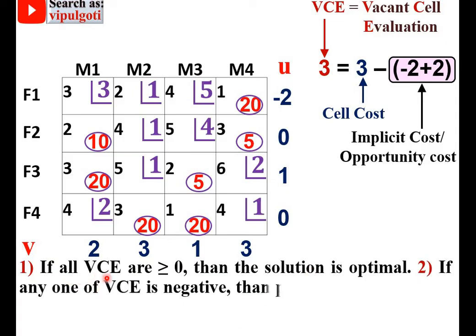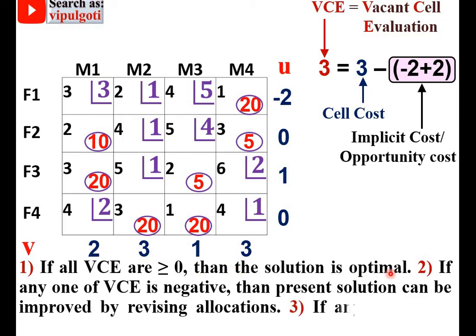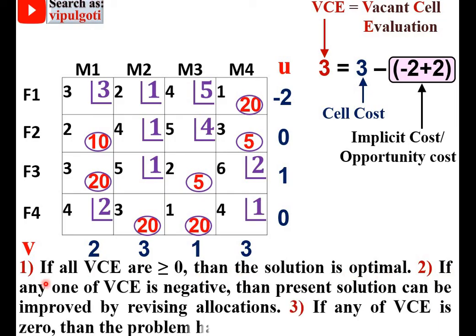First, if all VCE are greater than or equal to 0, then the solution is optimal. If any one of VCE is negative, then the present solution can be improved by revising the allocation. If any of VCE is 0, then the problem has an alternative solution. Here all VCE are greater than or equal to 0, so we can say the solution is optimal.